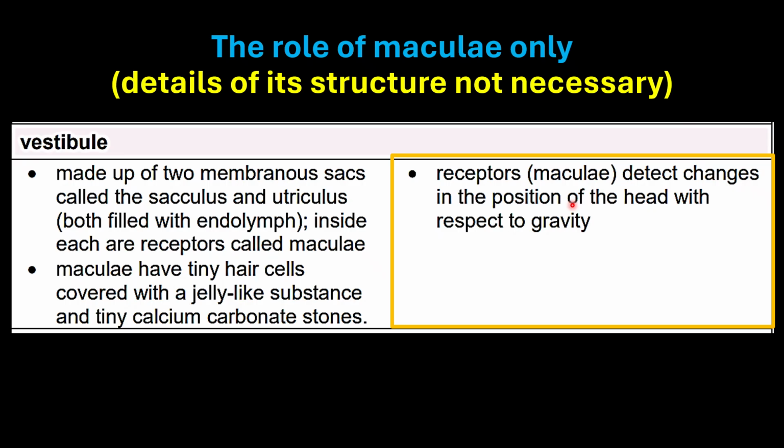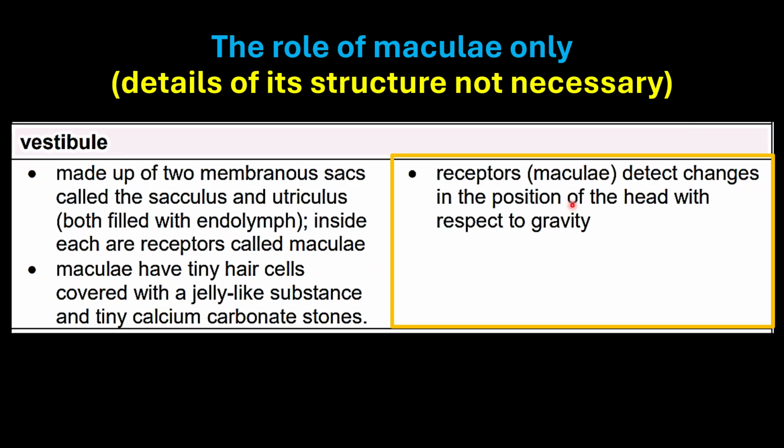However, the impulse from the auditory nerve coming from the maculae goes to the cerebellum, and the cerebellum will tell you the position of your head. If your head is facing down, or if your head is facing up, the cerebellum will also be able to tell. It is also able to tell when you turn your head sideways.